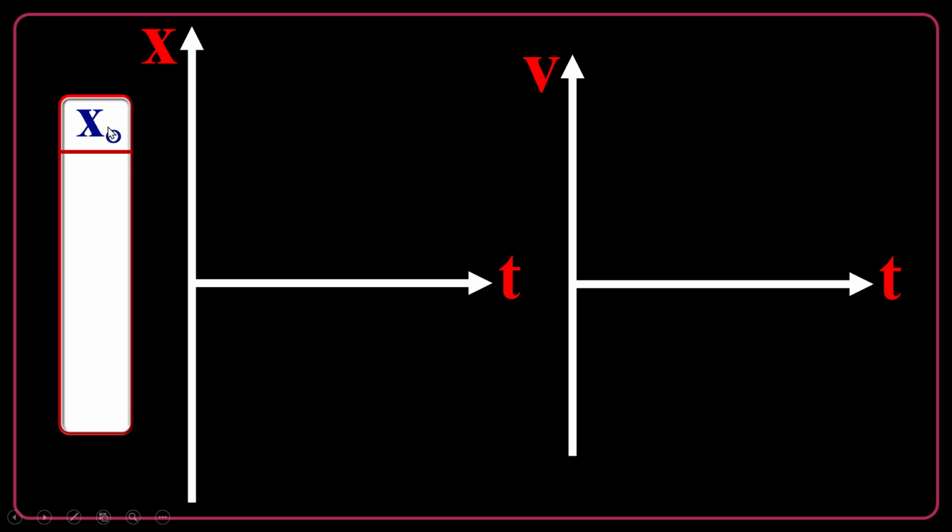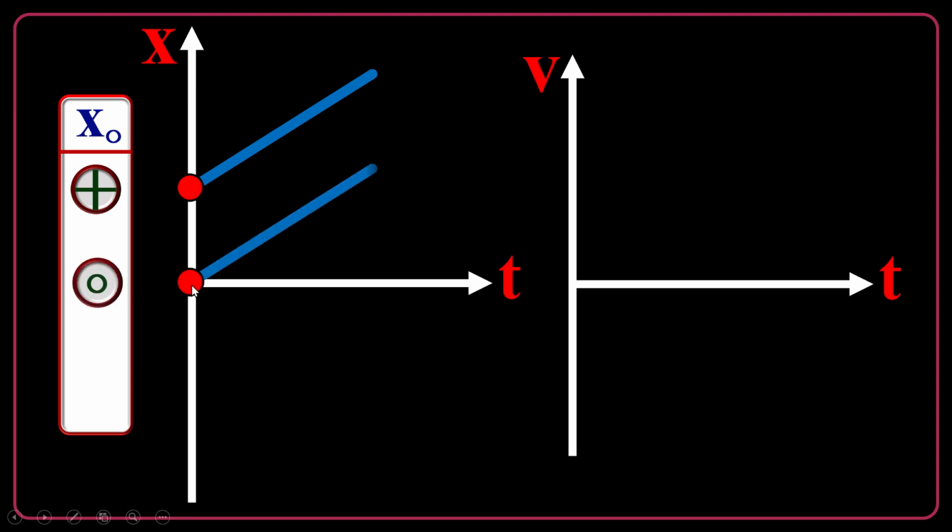Here I have x naught, maybe x naught positive, 0 or negative. If the x naught is positive, the graph will start from here, somewhere above the t-axis with a positive vertical intercept. But if the velocity also is positive, the line will be ascending, something like this. If it starts from the origin with positive velocity, it starts from here, again ascending.